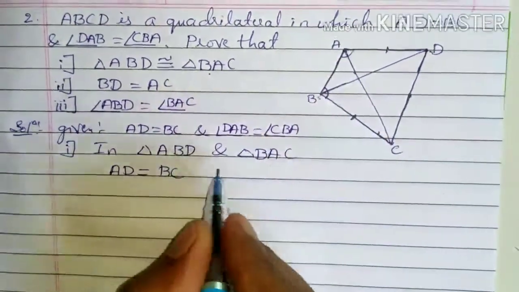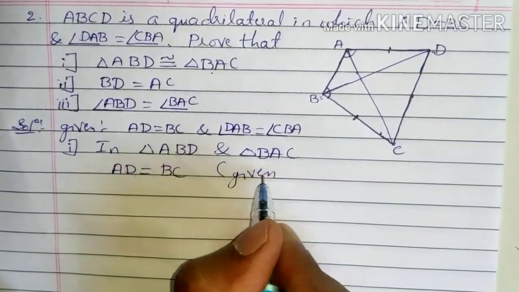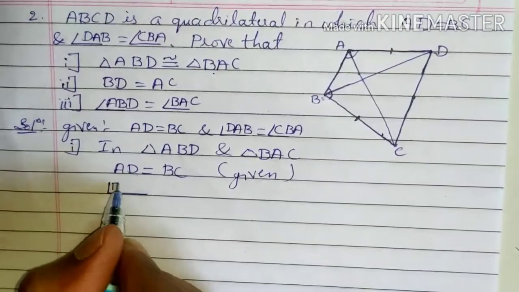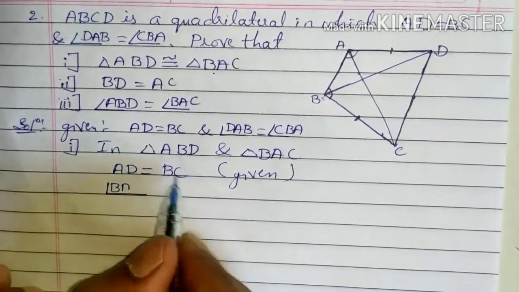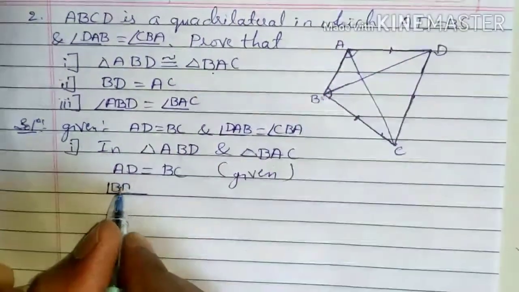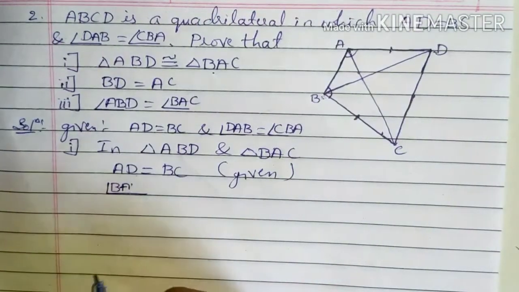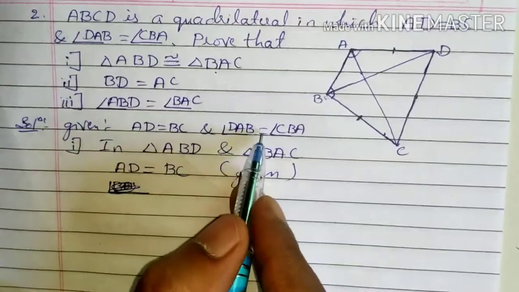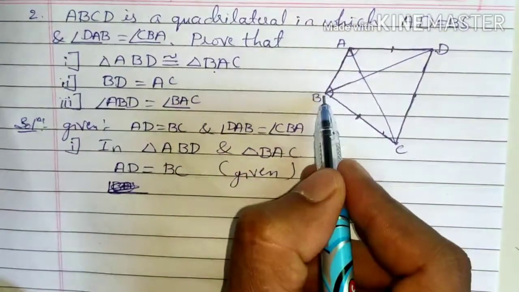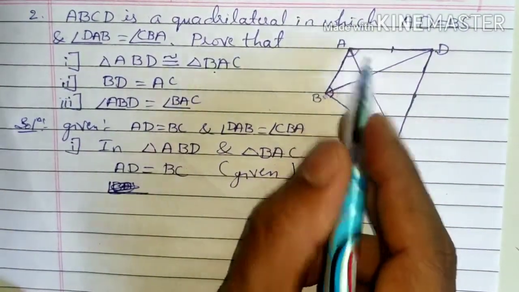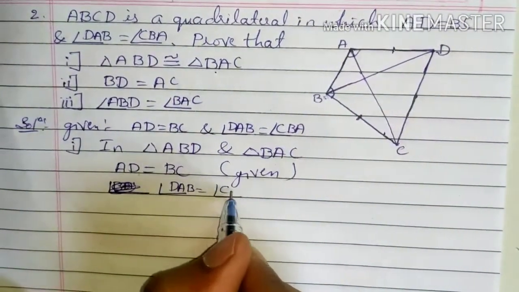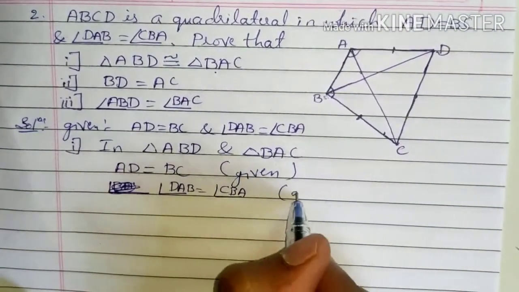These two are equal. So the reason is given. So given that these two are equal, and angle DAB is equal to angle CBA. This is also given.